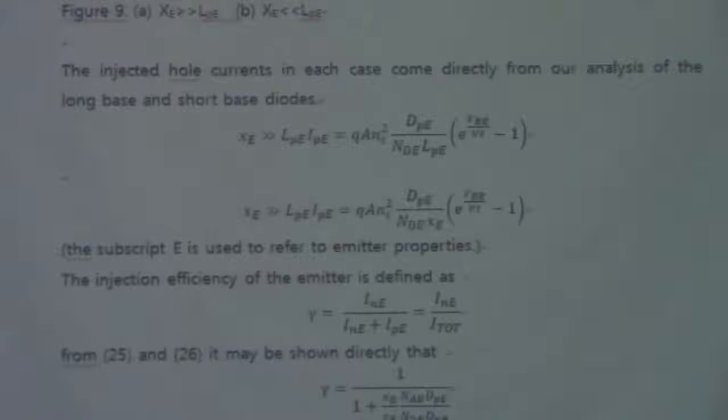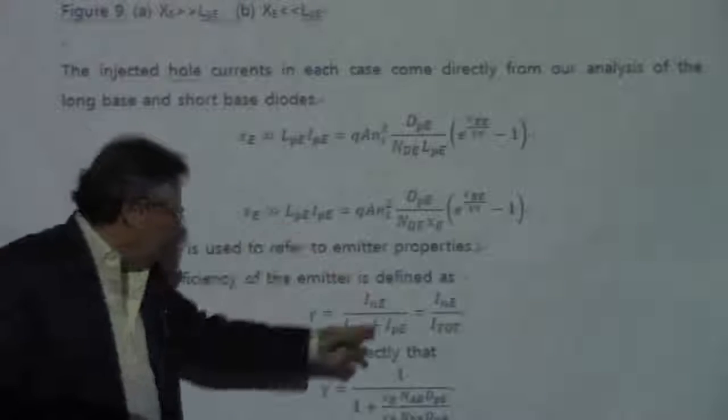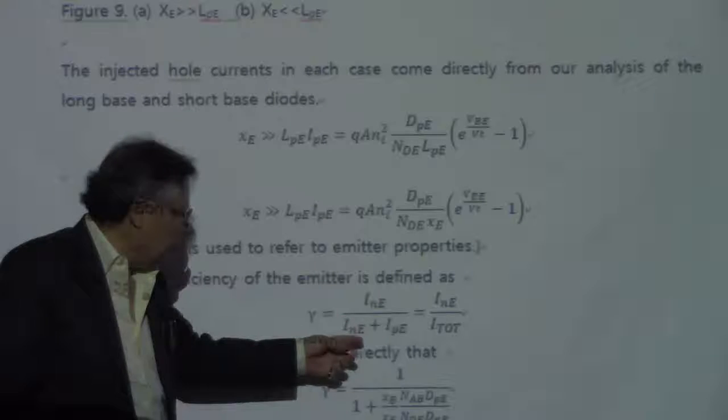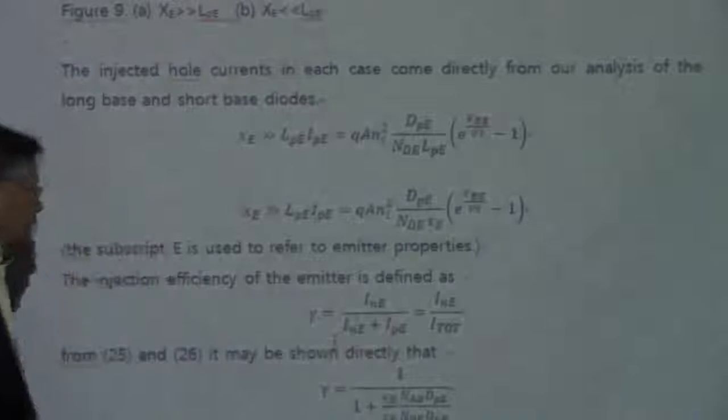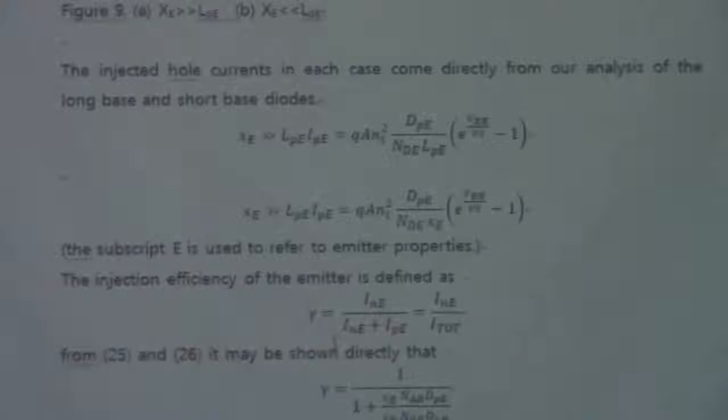Now, the injection efficiency of the emitter is defined by the electron current injected into the base and the total current coming from the electrons and holes. That is what we call the injection efficiency. It's pretty reasonable, isn't it?